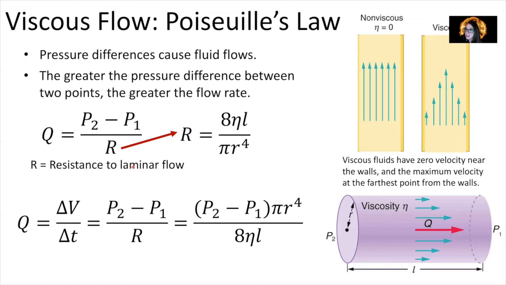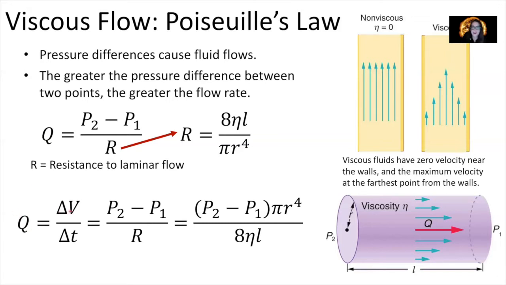And that resistance to laminar flow is defined by the viscosity of the fluid, the length of the, let's say, tube through which that fluid is moving, divided by pi times the radius of that tube to the power of 4. So we'll say that this is the flow rate inside a viscous fluid that's moving through a tube in this particular quantity here, okay?